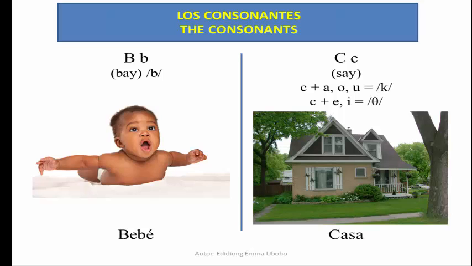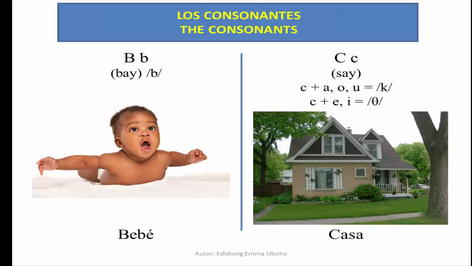The Spanish consonants, the first Spanish consonant is B, pronounced B for bebé. The Spanish C, which is called C, is pronounced in 2 different ways depending on which vowel follows it.